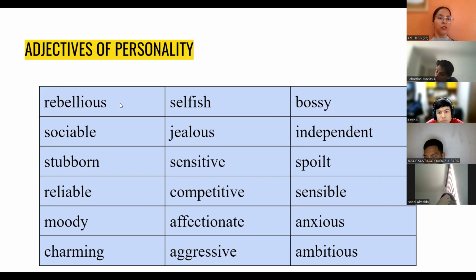Okay, one more time. Rebellious, sociable, stubborn, reliable, moody, charming, selfish, jealous, sensitive, competitive, affectionate, aggressive, bossy, independent, spoiled, sensible, anxious.